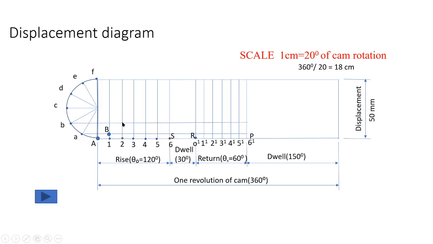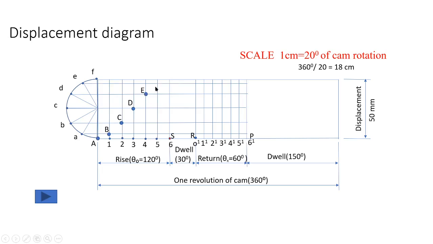You mark the intersection point and name it as C. Similarly, from C, mark the intersection point here and name the intersection point as D. Obtain the point E.